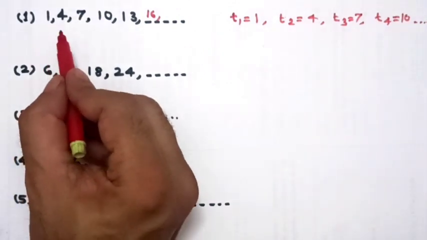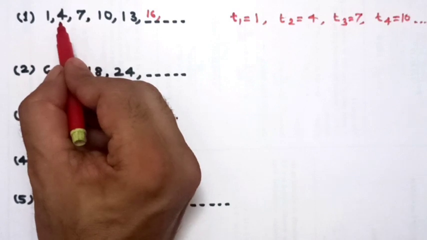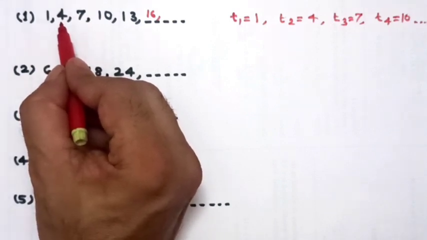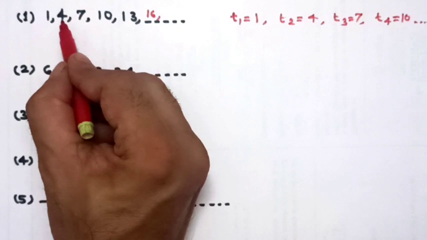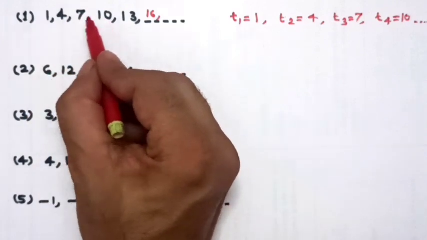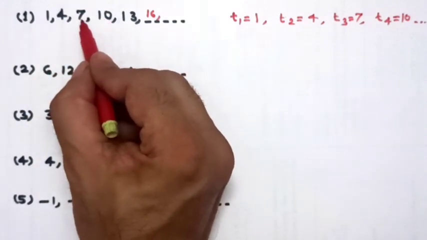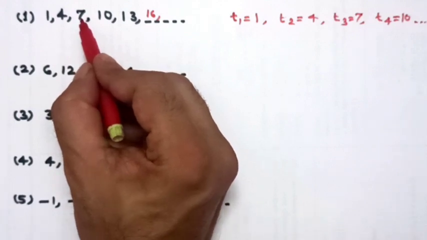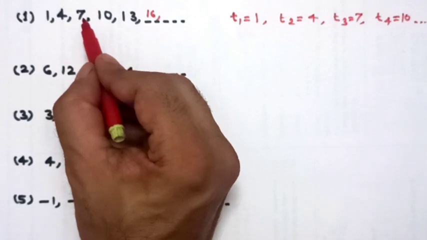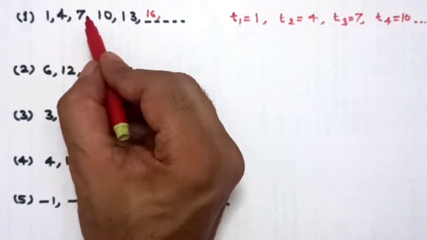Look at this. When you take the difference of two consecutive terms, that is the term minus the previous term, like 4 minus 1 you get 3, 7 minus 4 is 3, 10 minus 7 is 3. Everywhere the difference is constant, which is 3. So this constant difference is called the common difference.